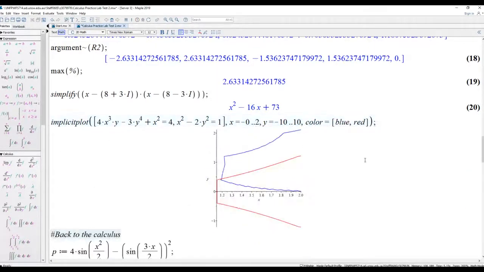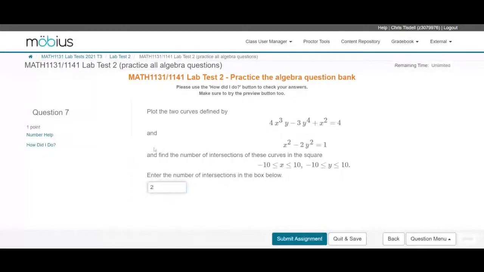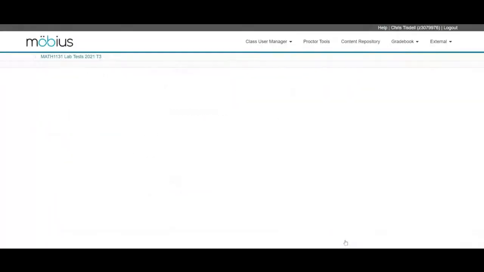So if I do that, you can see that's definitely just hitting in one spot. Same on the other side. So based on the picture, we will just say 2 solutions, right? So there it is. How did I do? I'm not going to submit the assignment. I'm going to quit and save.